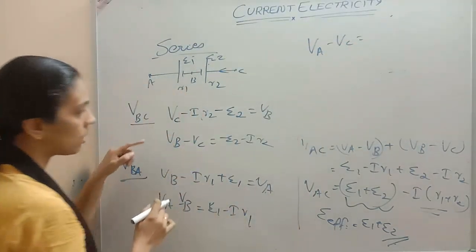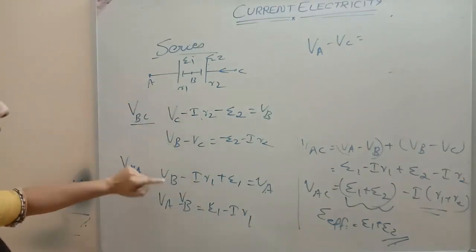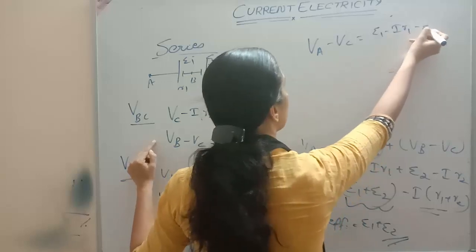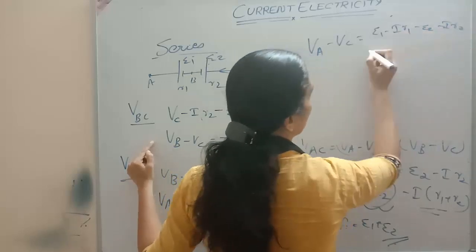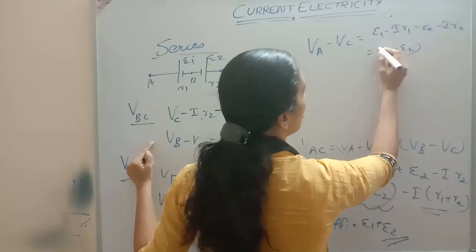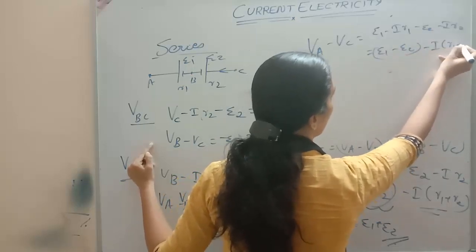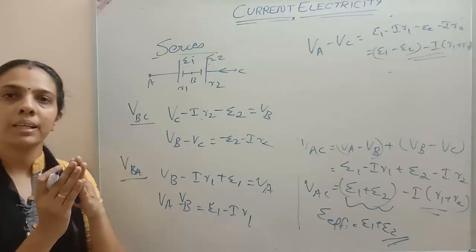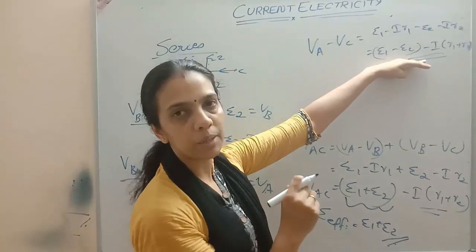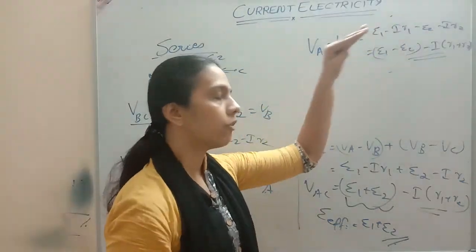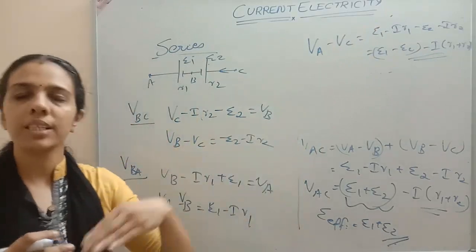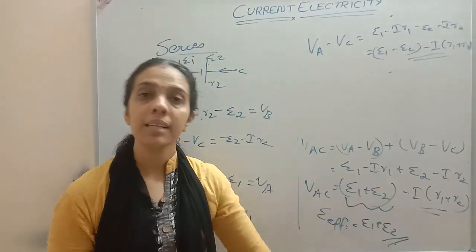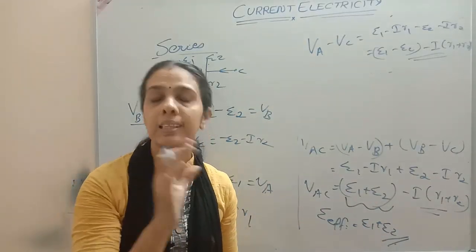VA minus VC, the total potential difference, we can take as E1 minus IR1 minus E2 minus IR2. That is E1 minus E2 minus I into R1 plus R2. This is the difference which we are getting. See, if the two negative terminals are connected together, the effective EMF will be E1 minus E2, and if one positive and one negative are connected together, then the effective EMF will be E1 plus E2. This is the case of series connection.